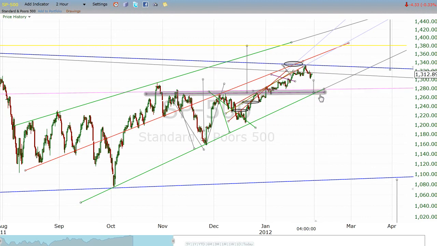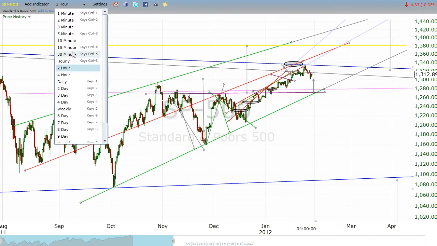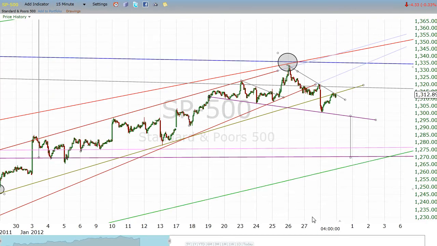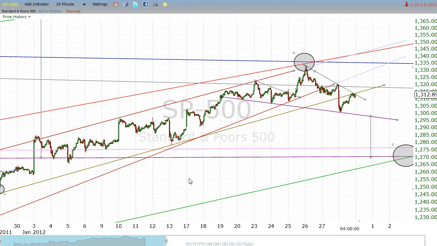So we've got now signs of weakness, but along with that sign of weakness, we also have to recognize that there is this area of support that the markets could very well be heading down to test. So I'm going to keep it short, sweet, and simple for today, because that's really what took place.